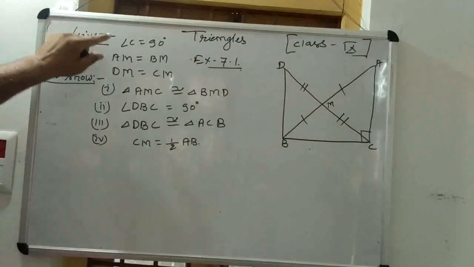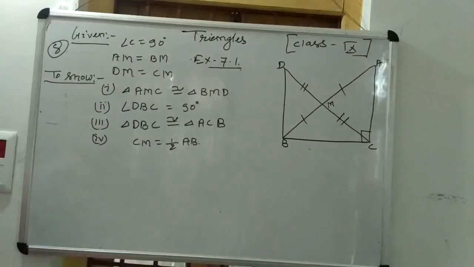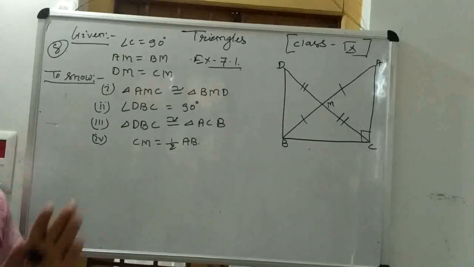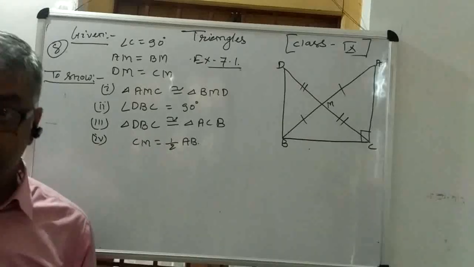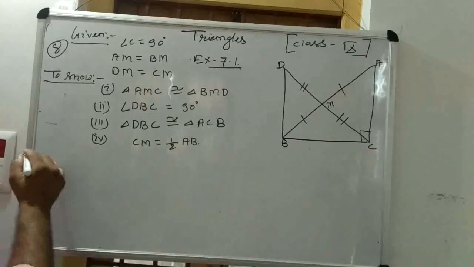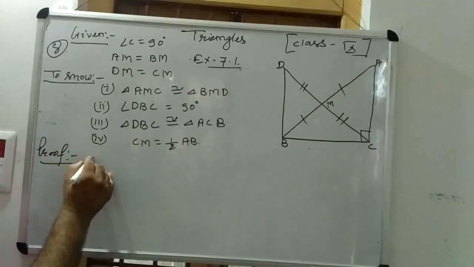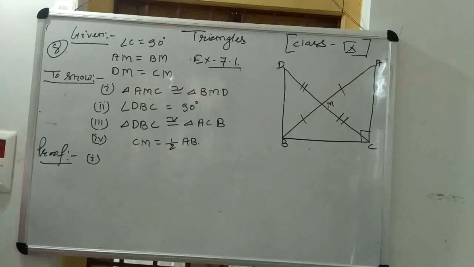Whatever is given I have mentioned earlier, and what is to be proved I have written as number 1, number 2, number 3 and number 4. So I am going to prove them one by one. So first, proof of part 1.